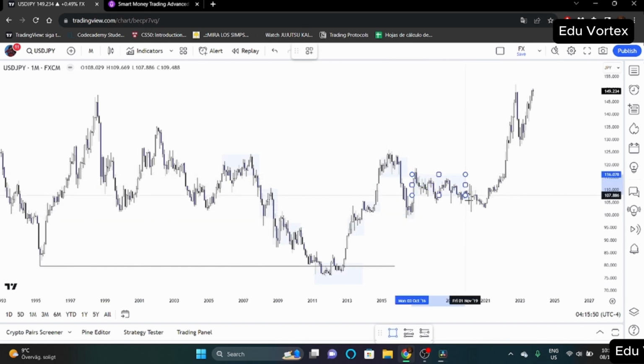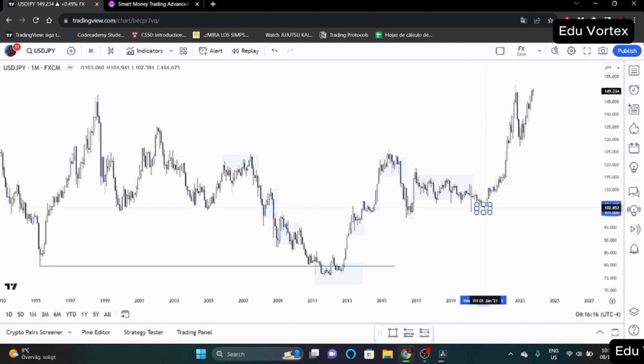This was a long accumulation for a while, even years, four years of accumulation. This was the first accumulation after leaving the range. Because this is a big range, I would consider this event the reversal phase, because as you can see it's below the range.